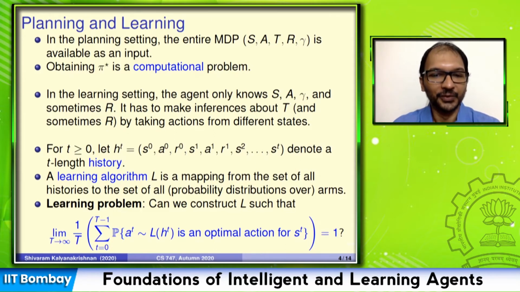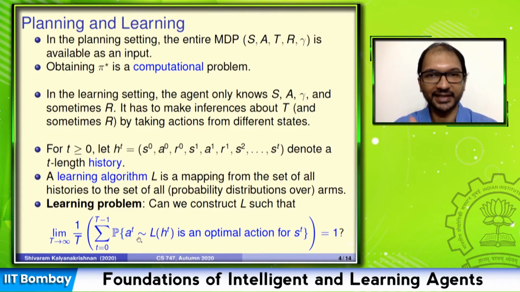Let me explain what's going on here. Remember that a learning algorithm takes in a history HT and outputs, let's assume in general, a probability distribution over actions. So the action AT that is going to be executed at time t is decided by the learning agent as a function of the history up to that point.